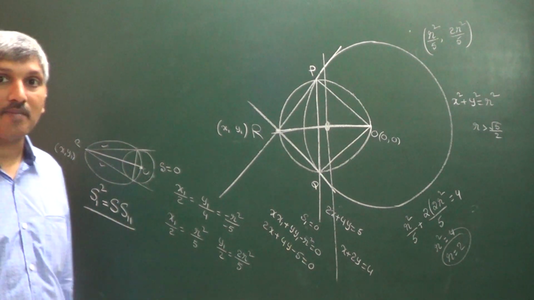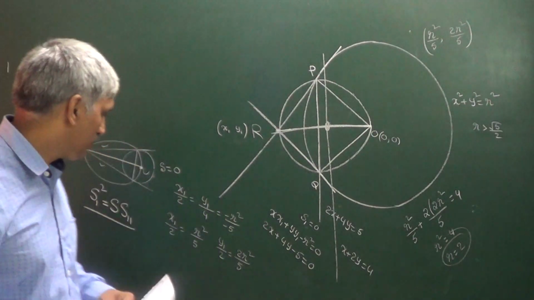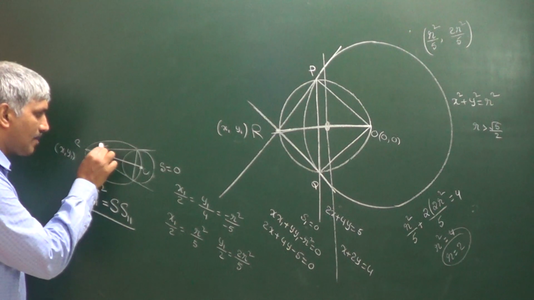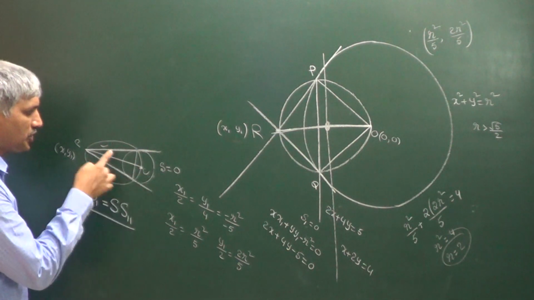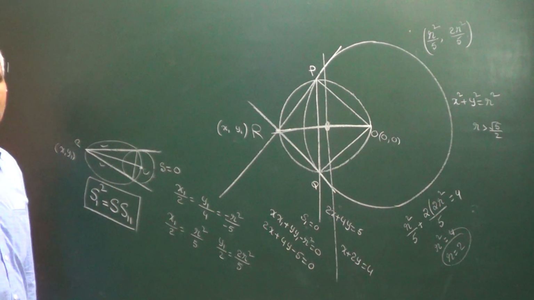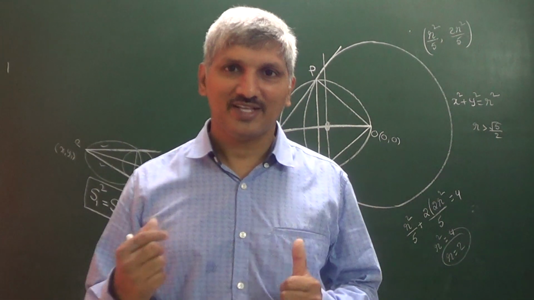That is the combined equation of the pair of tangents, a pair of straight lines. This equation represents two straight lines, one tangent and another tangent. So that is the discussion regarding this particular idea.